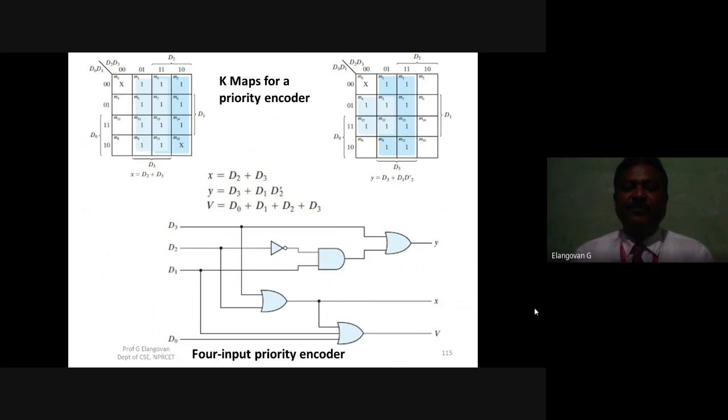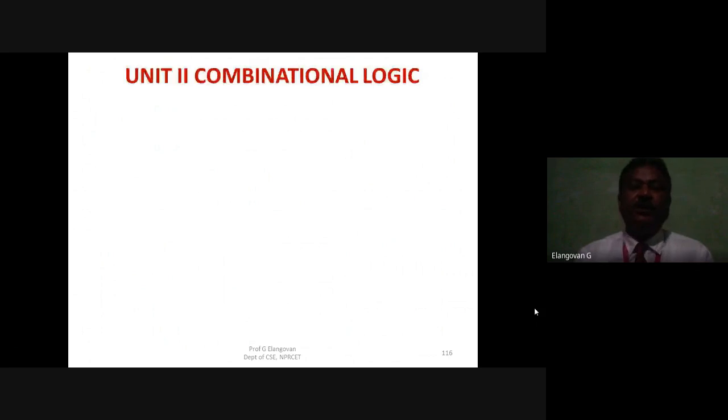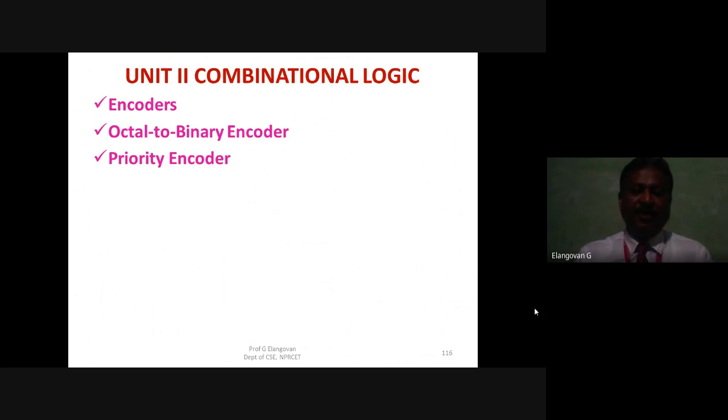So this is the priority encoder. Out of the 4 inputs, when D3 comes, irrespective of D2, D1, D0, it is activated. So students, in this video we discussed the encoder, with the examples of the octal to binary encoder and the priority encoder.